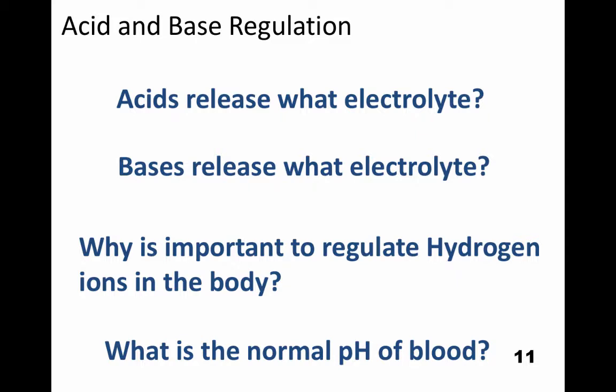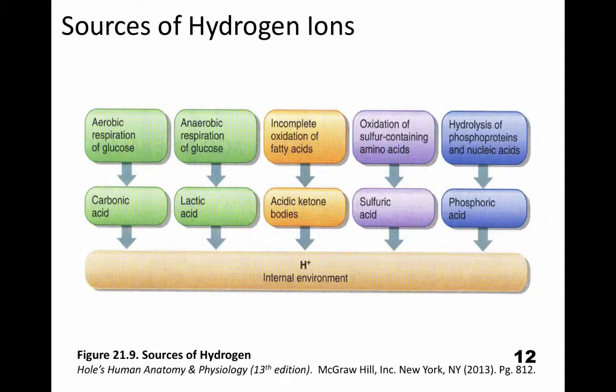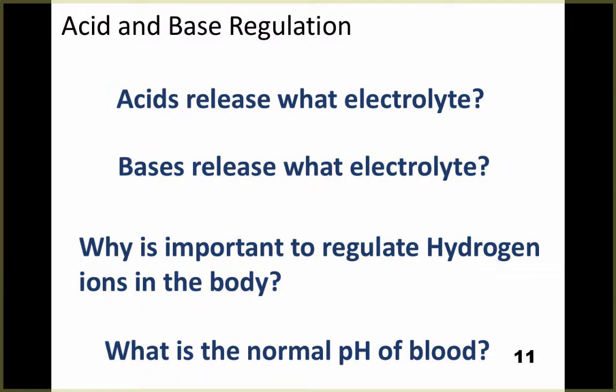So acids will release what type of electrolytes? What I want you guys to think, when we were in lab, we talked about electrolytes. We talked about reactions specifically here. So we have hydrochloric acid here, right? And we put it in water. And what happened?